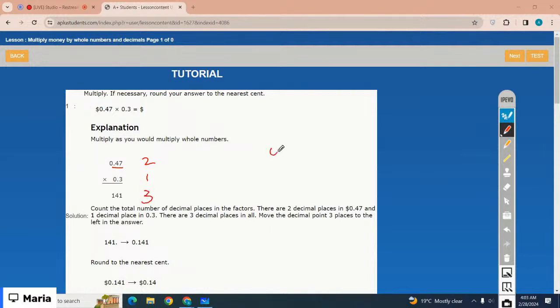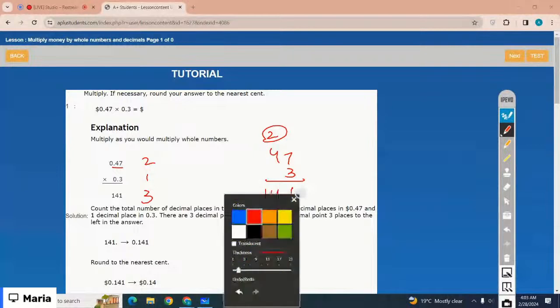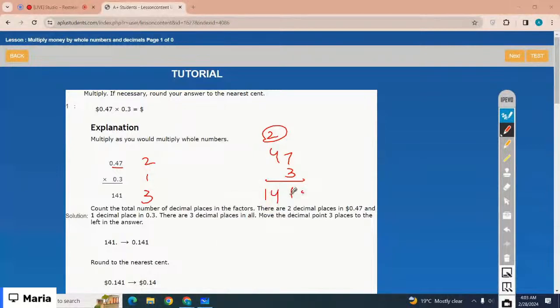Multiply 47 times 3: 3 times 7 is 21 and 2 carry, 3 times 4 is 12 and 2 is 14. You need to add three decimal places, so move from here 1, 2, 3. It would be 0.141, right?